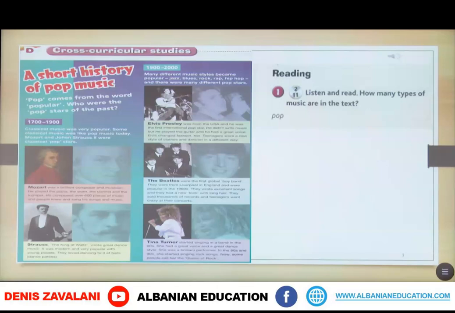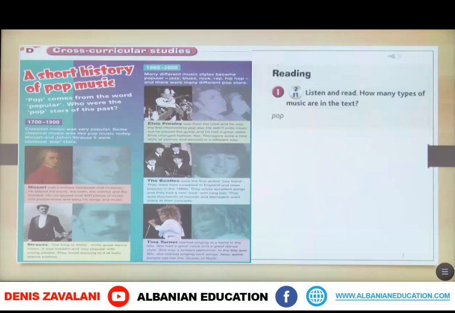A short history of pop music. Pop comes from the word popular. Who were the pop stars of the past? 1700 to 1900. Classical music was very popular. Some classical music was like pop music today. Mozart and Johann Strauss II were classical pop stars.